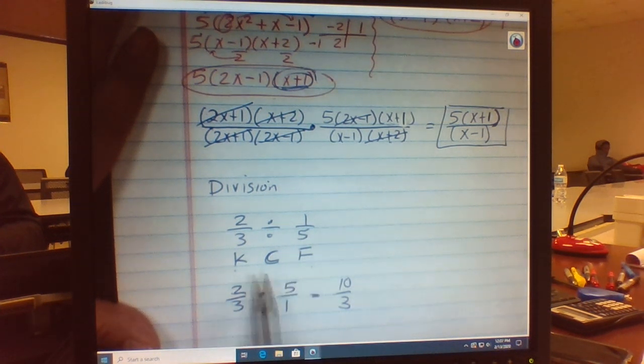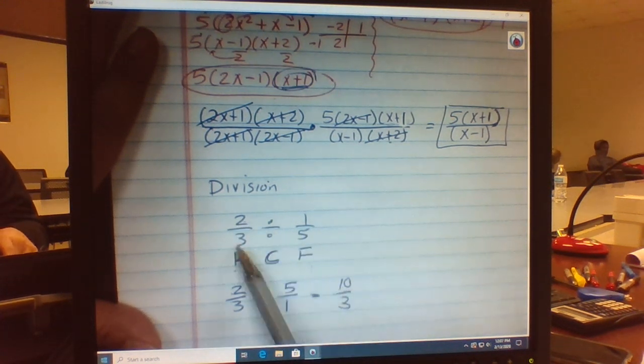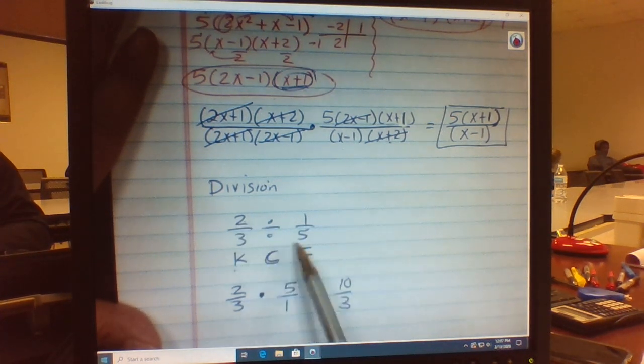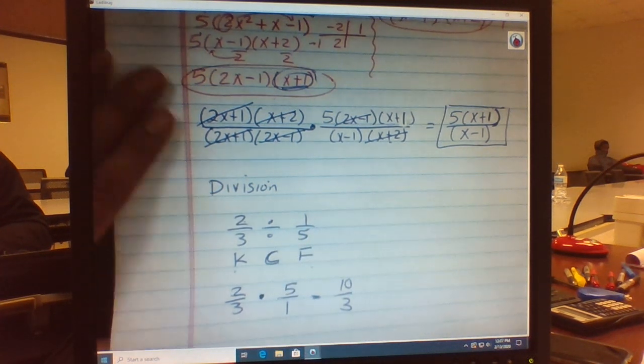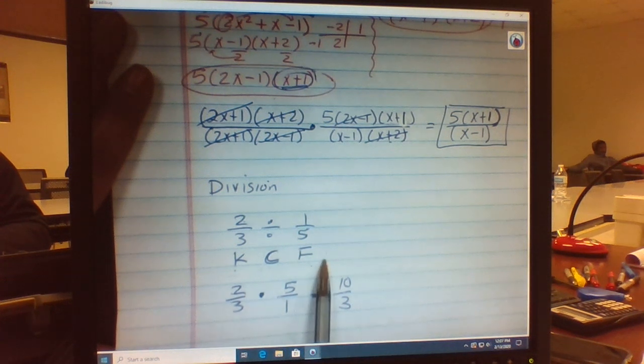Keep, change, flip. Keep, change, flip. And it is like a cross multiplication, like that's a 10, that's a 3, but how do you know where you put it, if it's on top or the bottom? But really just keep this in mind, keep, change, flip.